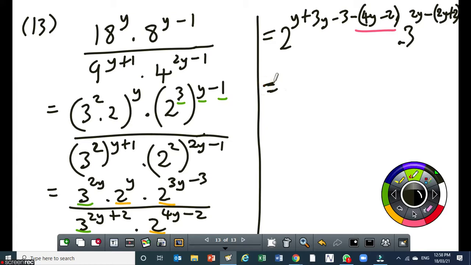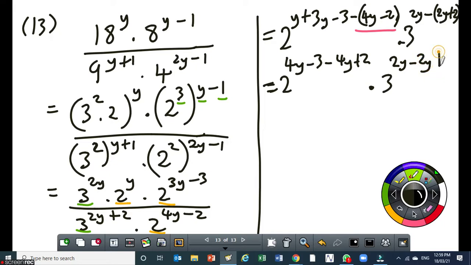So I'm going to write this as 2 to the power of y plus 3y, which gives me 4y, then minus 3 minus 4y plus 2, times 3 to the power of 2y minus 2y plus 2. Is there anyone who has got a question there before I write the final answer?